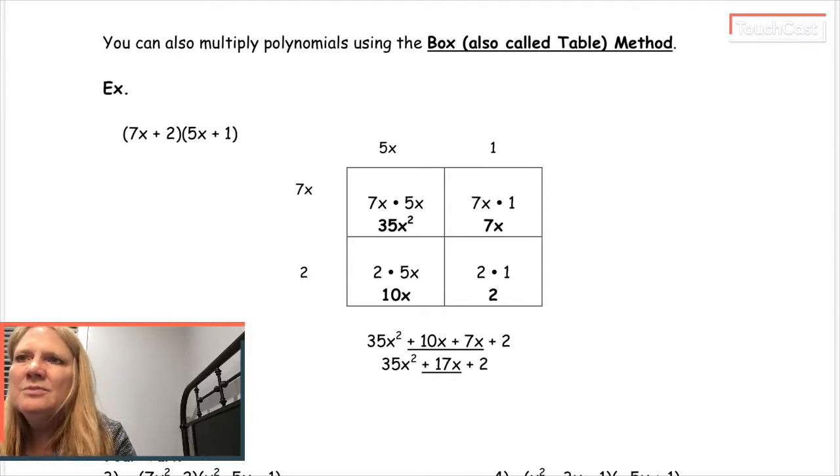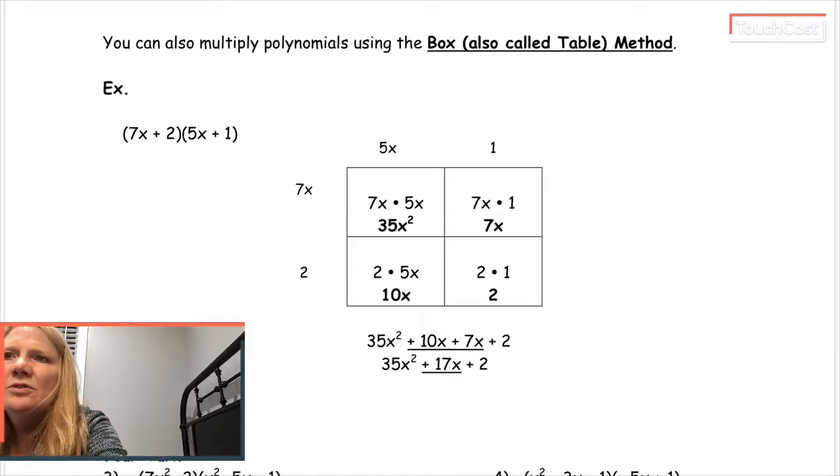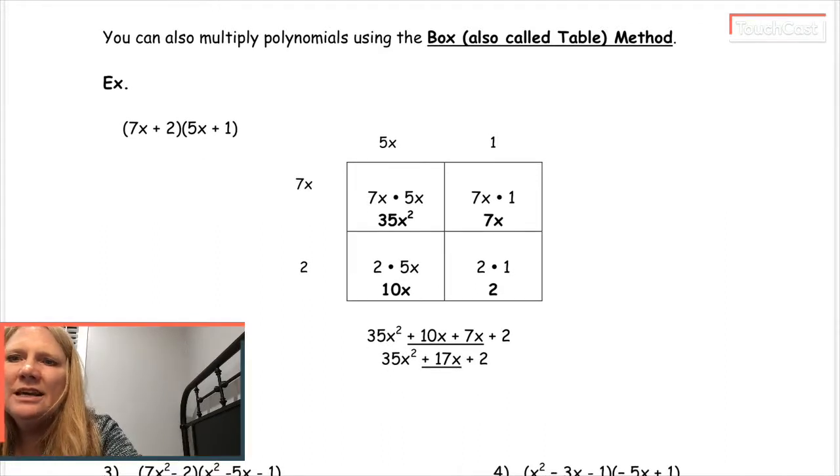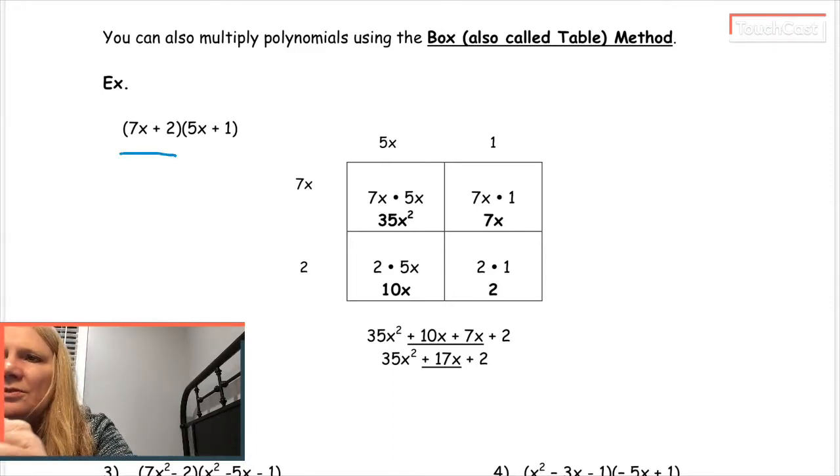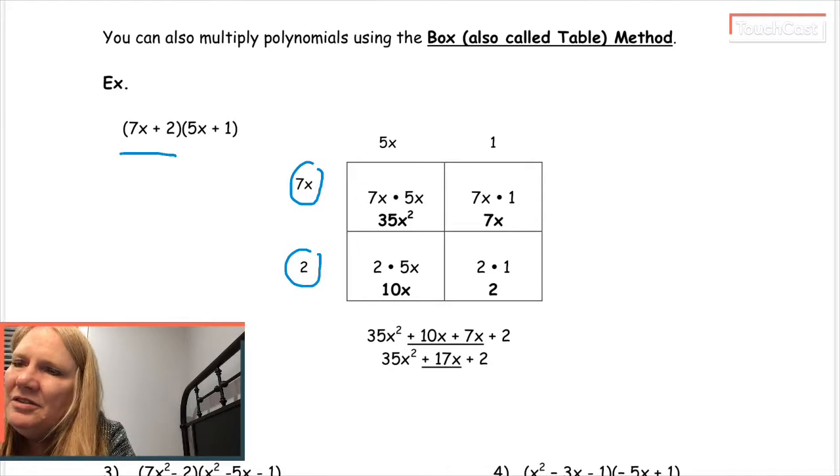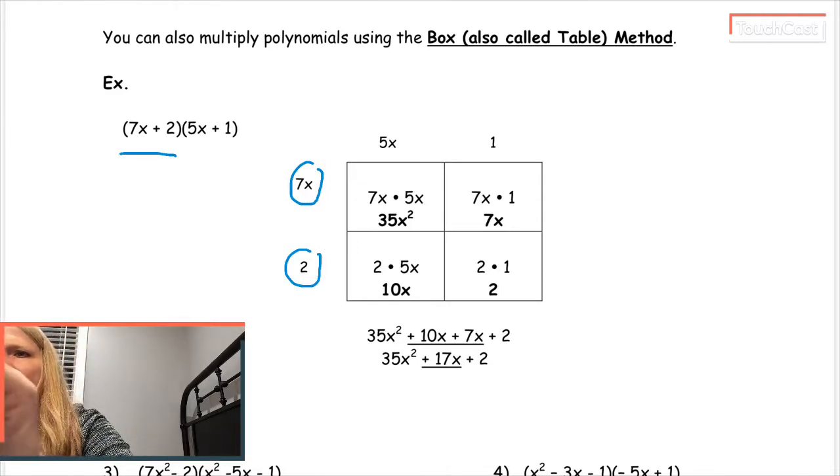But the box method is, you take the first term, the 7x plus 2, and we put a 7x and a 2 on this side of the box. Everything's positive. And then on the other side of the box, we put the 5x and the 1.